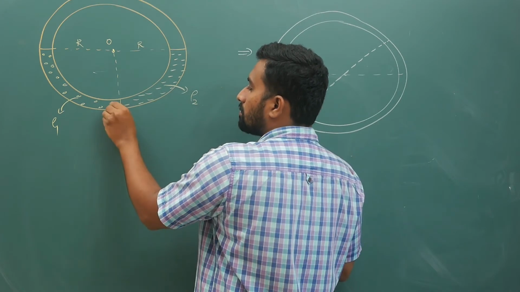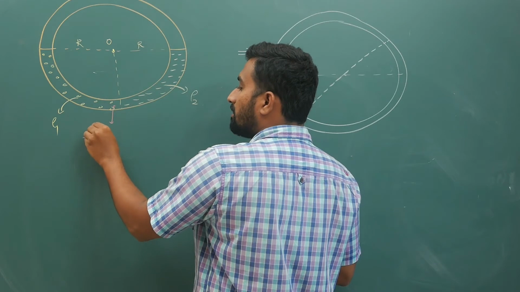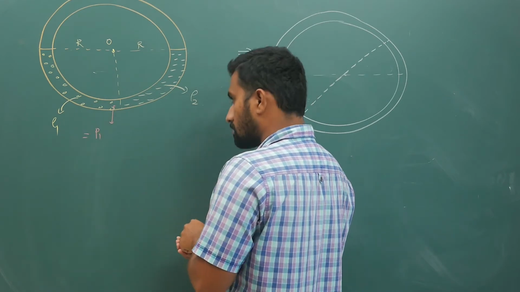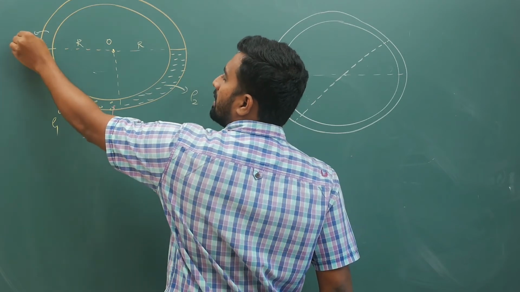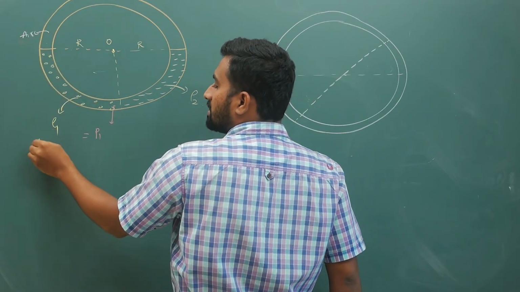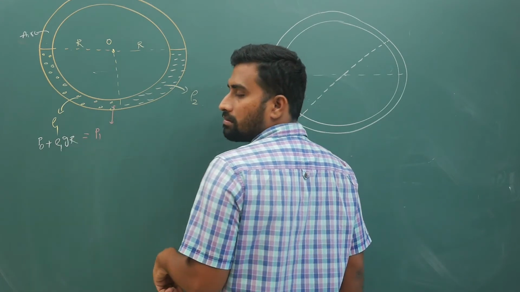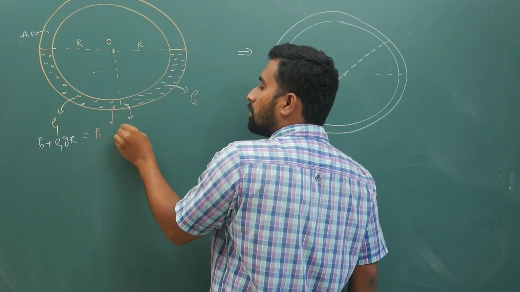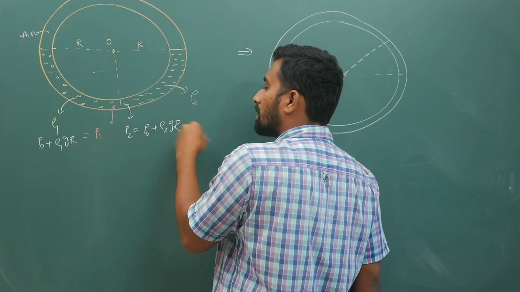Why, I will tell you. Now if you take some point P1 here, let us say it is vacuum or atmosphere, air is there. Then you can write P1 as P0 plus ρ1 into G into R. If you take one more point here, P2, that will become P0 plus ρ2 into G into R.